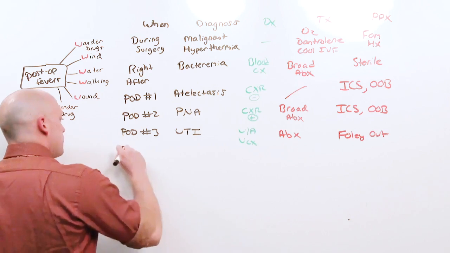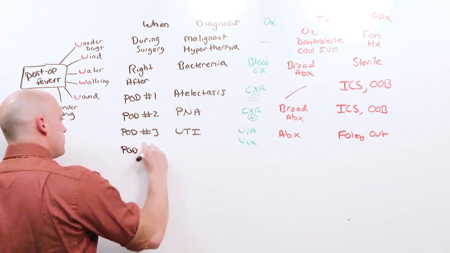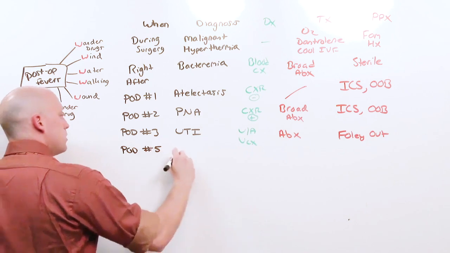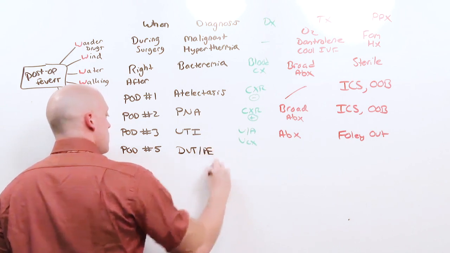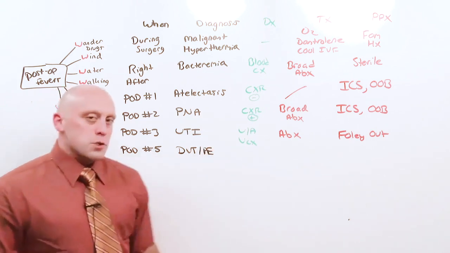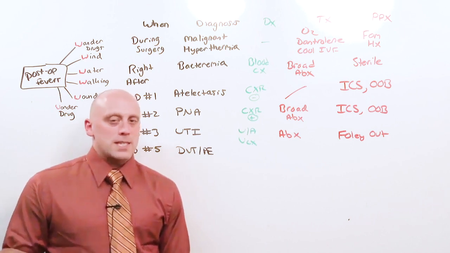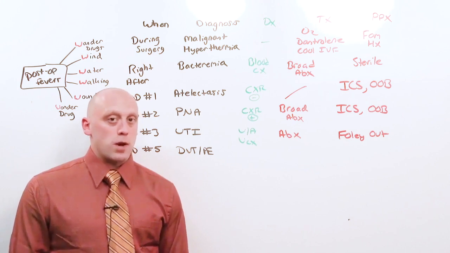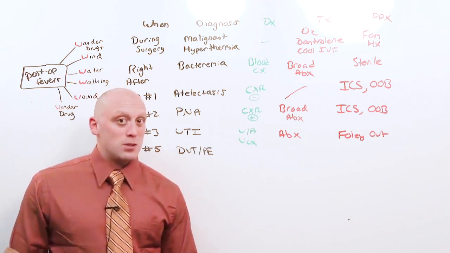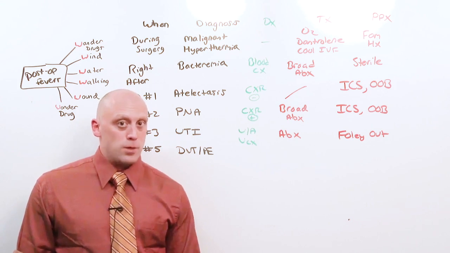Post-op day 5, the next W, walking. Remind you of the DVT. DVT-PE. The person who is post-op is at the highest risk for DVT. They've just had a surgery, which makes them hypercoagulable, and they're laying around in bed not doing anything, which makes them immobile.